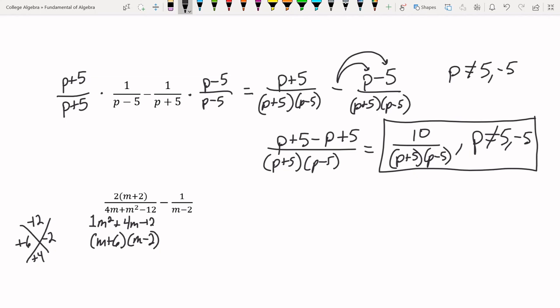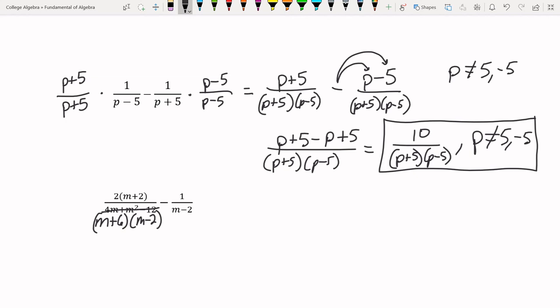So let me clear this up a little bit to make it clear what we're going to be doing here. So we have (m plus 6)(m minus 2). We can just ignore this previous denominator. And now we're looking at what we make these denominators the same by multiplying. What factor should I multiply?